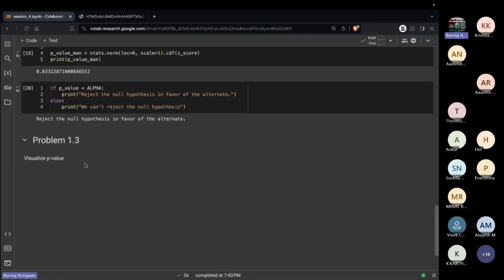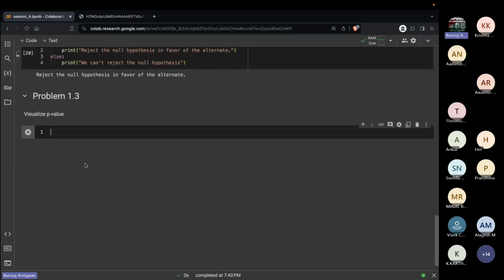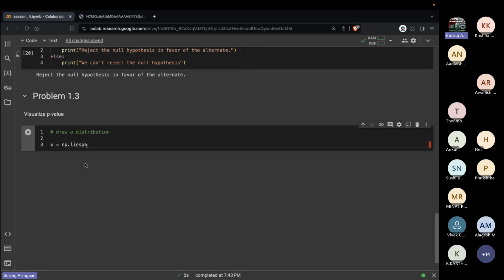Okay, so let me show you. For people new here, let's say you have to draw a distribution. What you do first is decide on the x values. In this case, let's say I want values from minus 3 to plus 3, and I want 100 values between them equally spaced. So I can use np.linspace, supplying minus 3, 3, and 100.